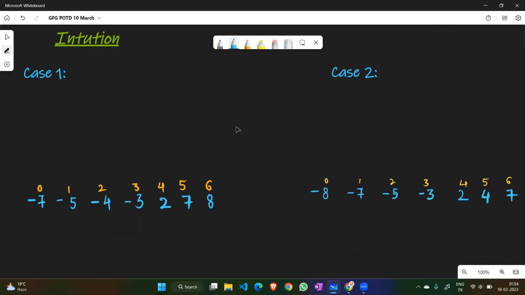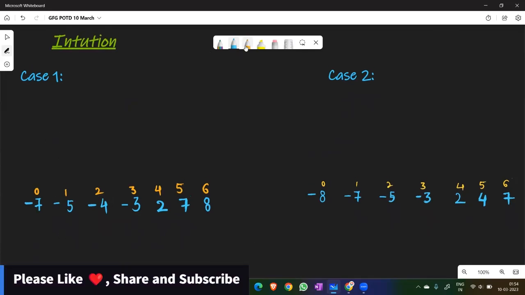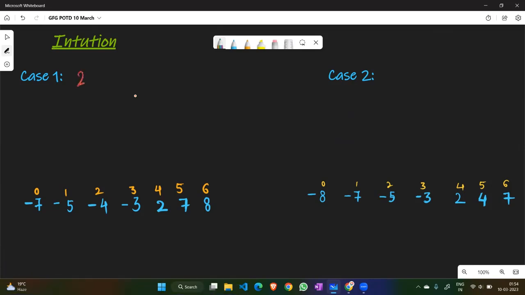Consider we have sorted the array. I have considered these two arrays, case 1 and case 2. Here we have two cases. In the first case I will take three positive numbers, and in the second I will take two negative numbers and one positive number.